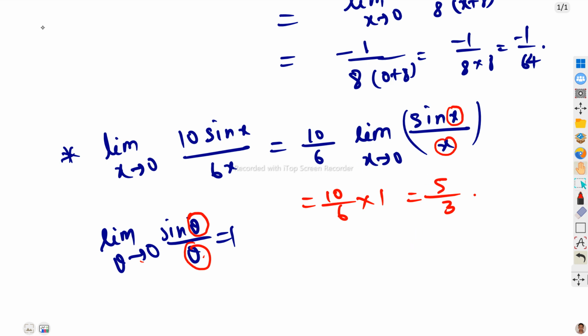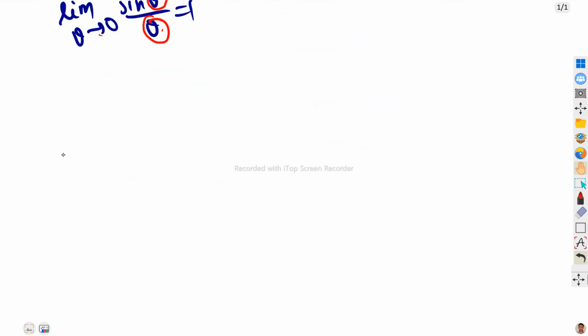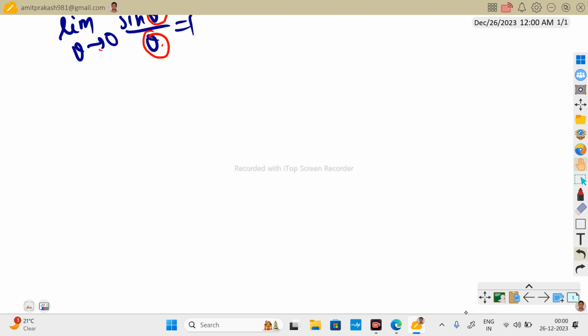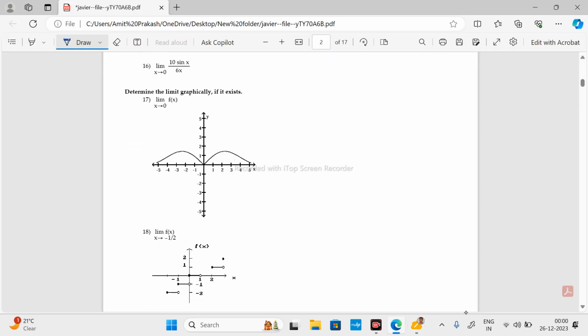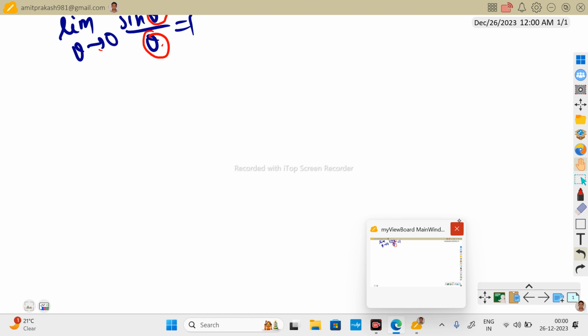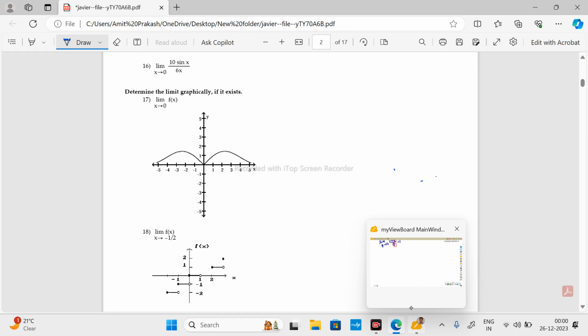Again we have some problem: determine the limit graphically if it exists. So we have to find the given limit by the graphical method.